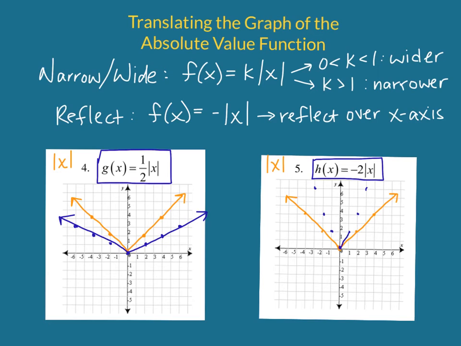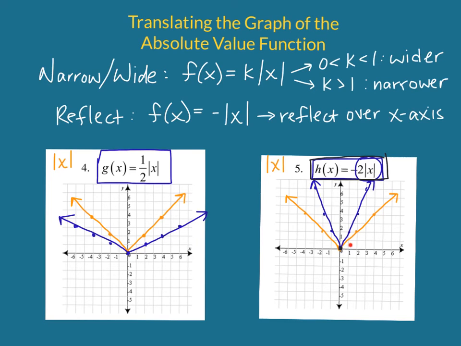Now that is just this part. So I want to do a final graph of the whole thing, including the negative. The negative is going to reflect our blue graph over the x-axis. So I'm going to flip everything downward. So instead of having the point, well, let's see, we'll start at 0, 0 again, because that's not moving.